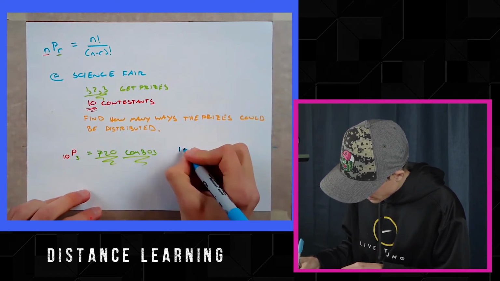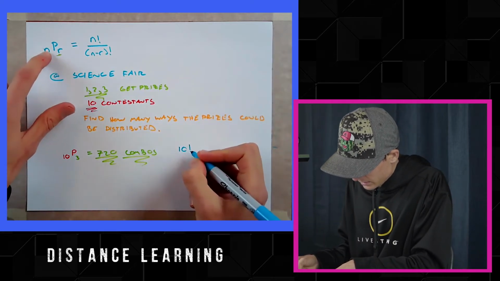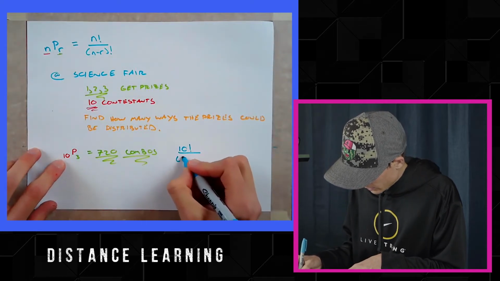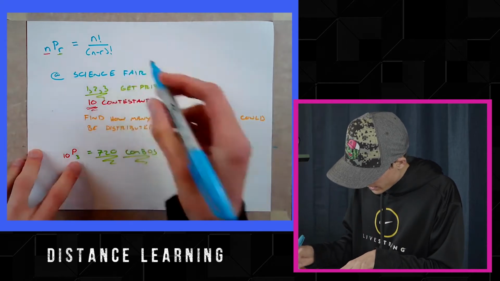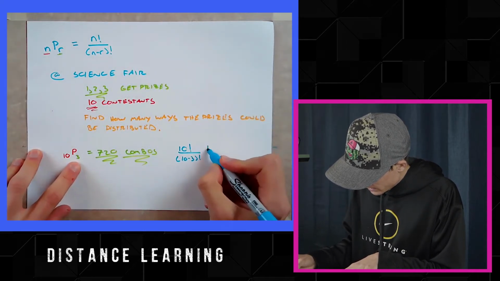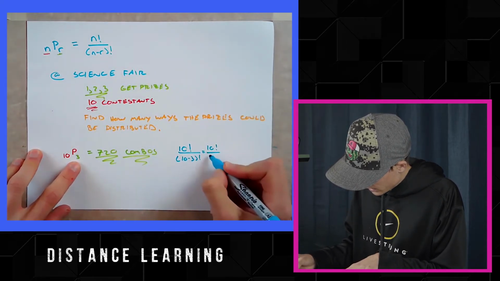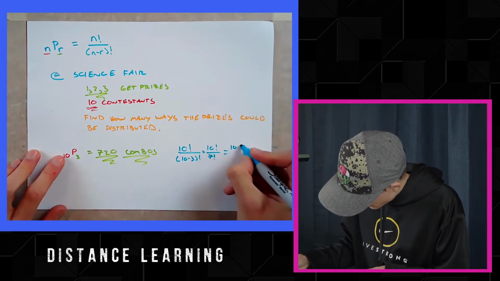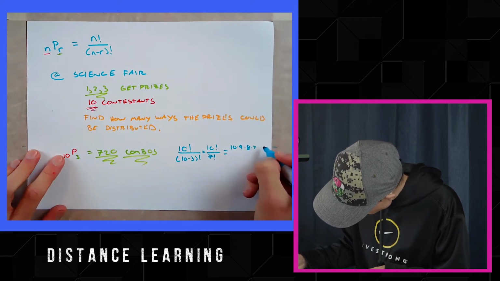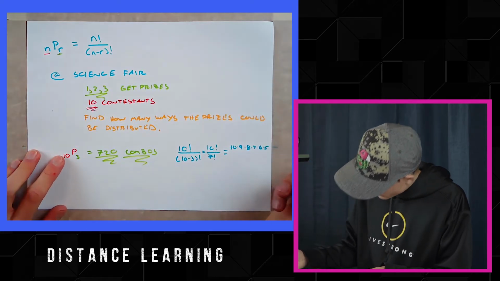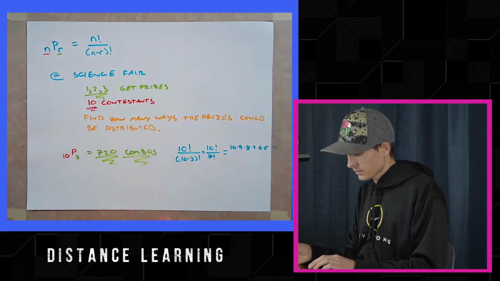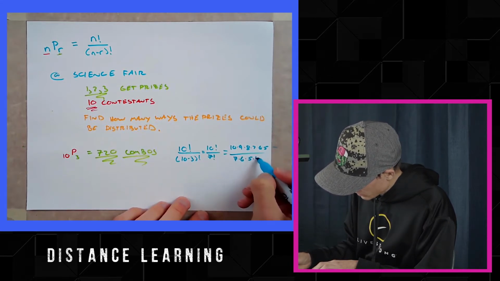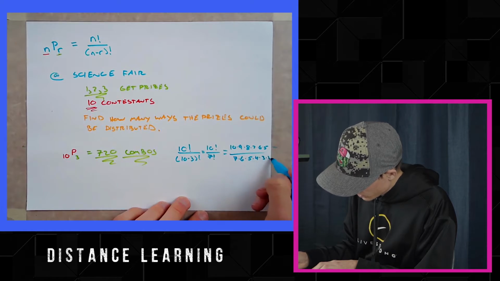If you don't have a calculator, and I don't know why you wouldn't use a calculator, N is 10 over 10 minus 3 factorial. So that's 10 factorial over 7 factorial. Now check this out. That means this is 10 times 9 times 8 times 7, 6, 5, 4, 3, 2, 1, right? 7 factorial is 7 times 6 times 5 times 4 times 3 times 2 times 1.